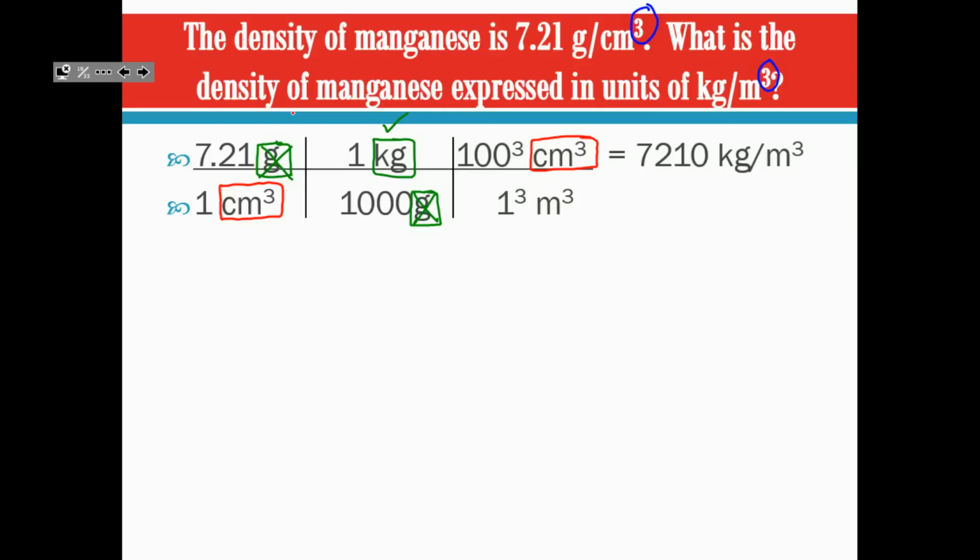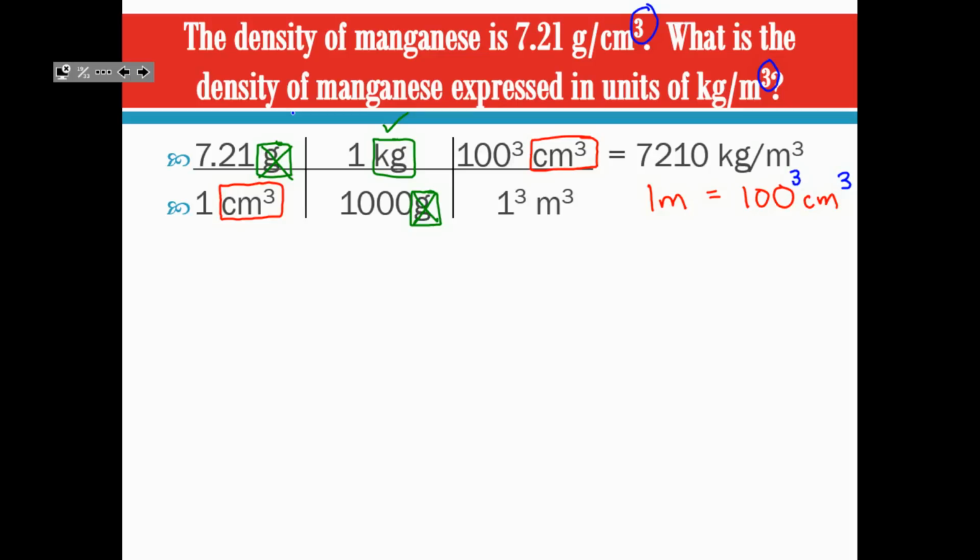Now I'm going to write over here to the side. The normal metric conversion is for every 1 meter, there are 100 centimeters. So that's the base conversion, but watch what I did. Because I need that unit cubed on centimeters, I'm going to cube it here. And if you cube a unit, you also have to cube the number in the same unit.